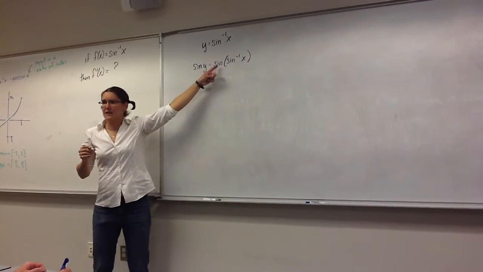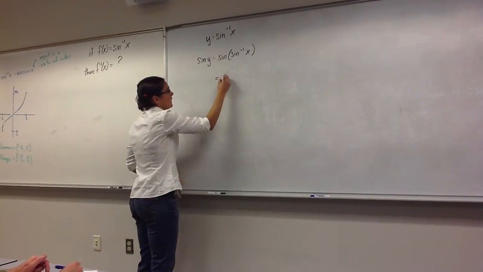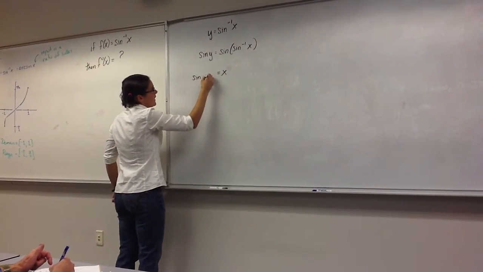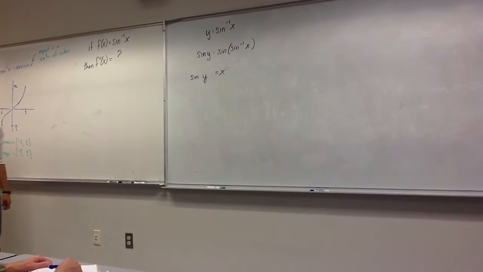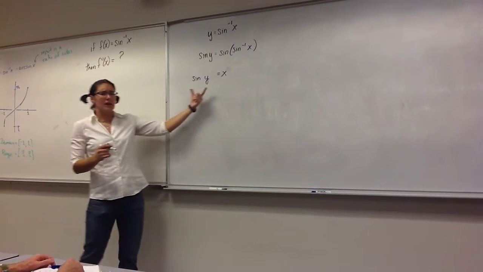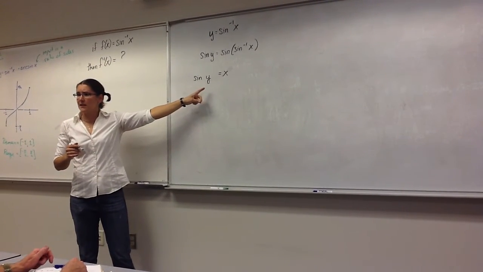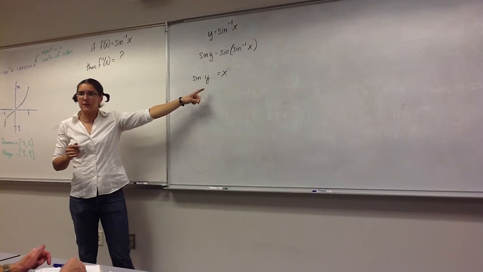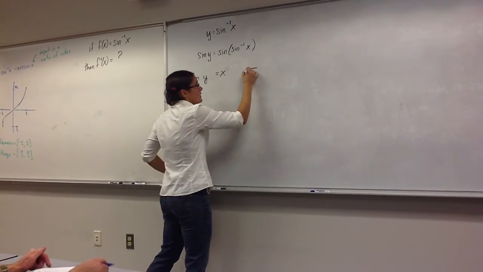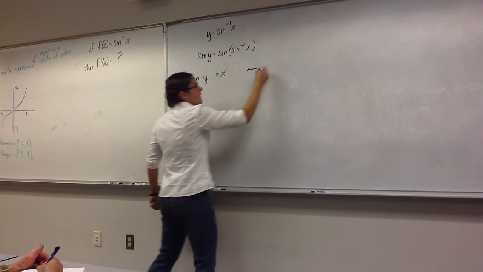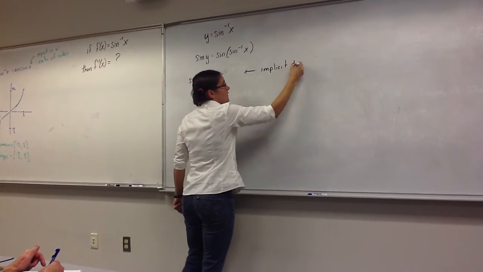So on the right-hand side, my sine and its inverse leave me with just an x. And so I have sine of y is equal to x. And now I've gotten an equation where y is defined implicitly as a function of x. So I can look at this equation, sine of y equals x, and do implicit differentiation.